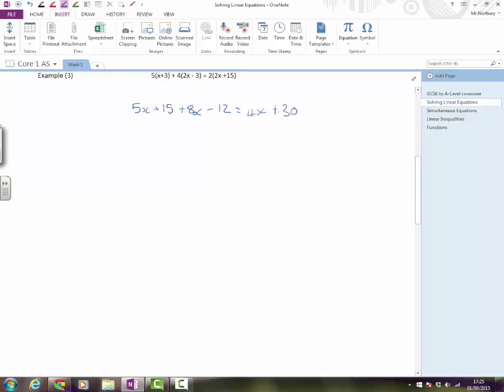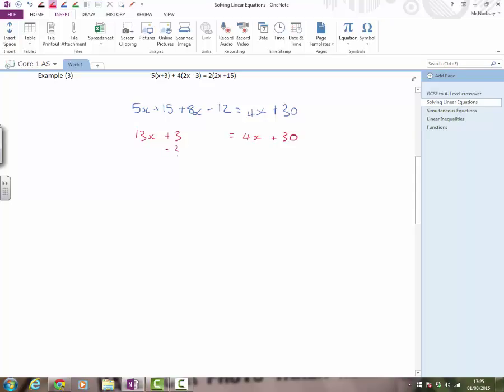This, as you can see, is a little bit more difficult because now we've got to try to bring everything together, because this side's got lots of unknowns. So 5x plus 8x is 13x, 15 minus 12 is plus 3, and that's equal to 4x plus 30.